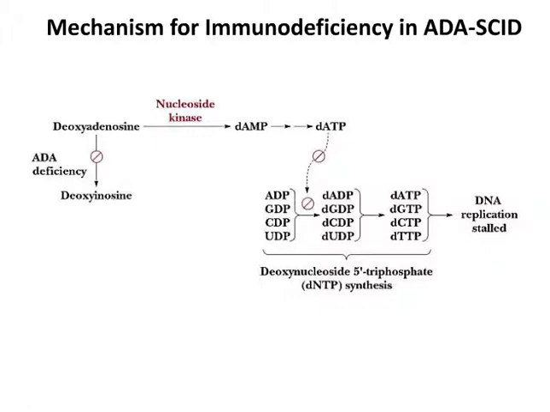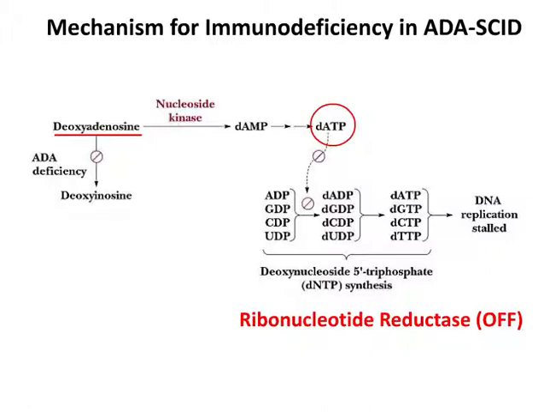Under conditions of adenosine deaminase deficiency, deoxyadenosine will accumulate and be converted to deoxy-ATP by kinases. Deoxy-ATP inhibits ribonucleotide reductase. Therefore, deoxynucleotide triphosphates needed for stem cell division are not available. This produces a lymphocytopenia.